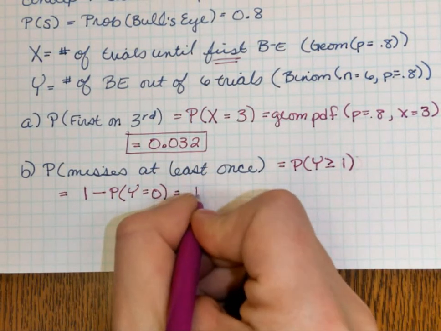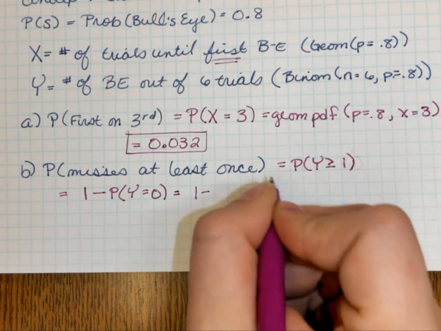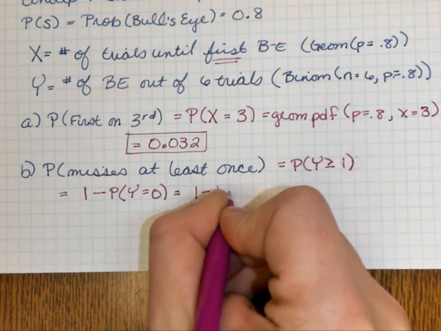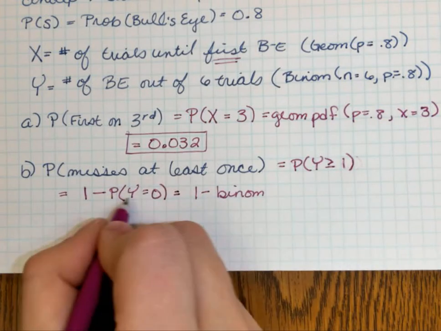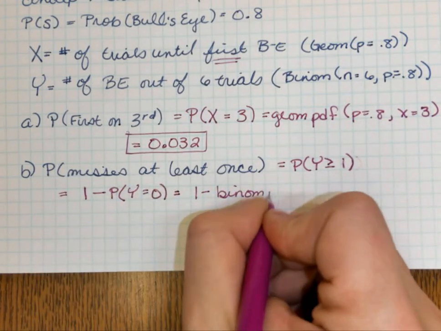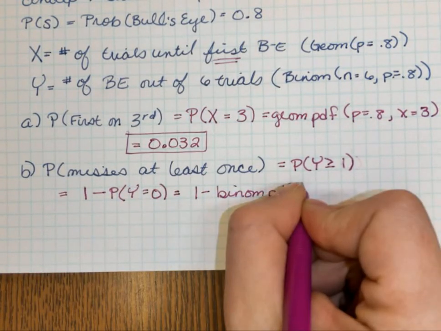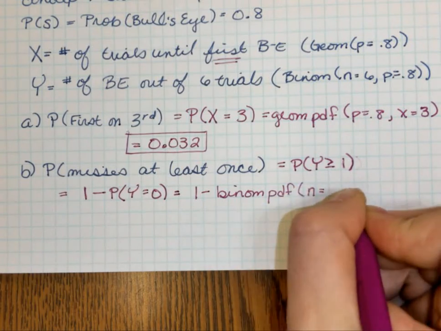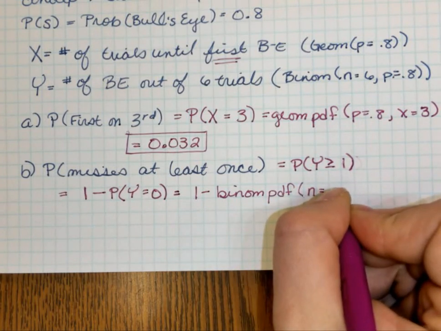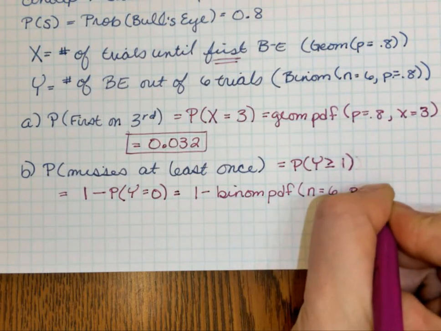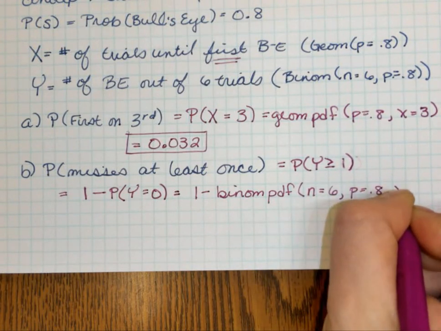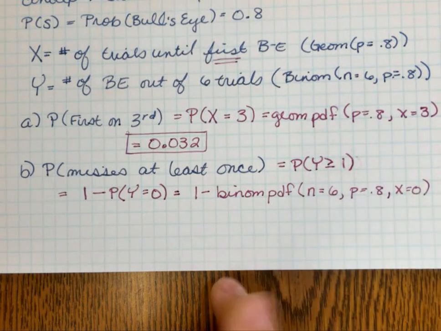And so I'm going to do 1 minus, is this binomial or geometric? Binomial, PDF or CDF? PDF, because of that equal sign. I'm going to say n is 6, p is still that 0.8, and x is 0.